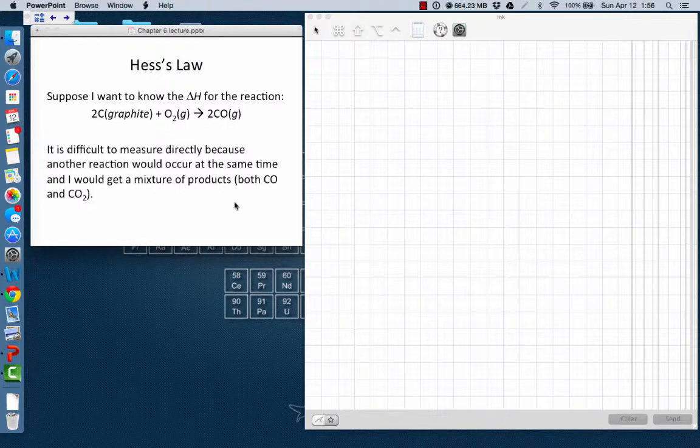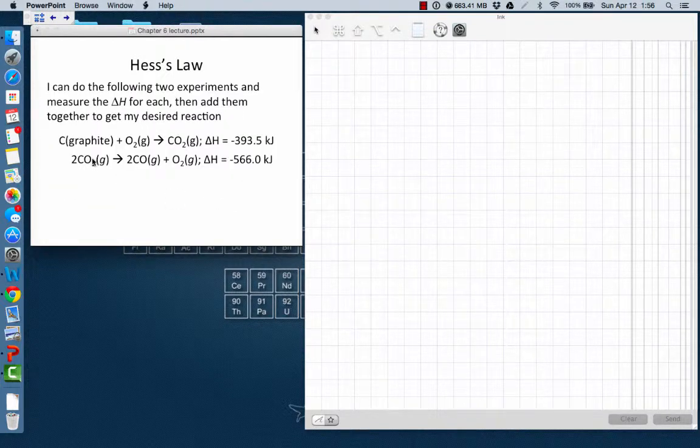So what I want to do in order to figure out this delta H, this enthalpy of reaction, is I can take the delta H for each of these, right? Here's our carbon plus our oxygen, there's our carbon dioxide, and here's our delta H for that. But then if we take carbon dioxide and convert it to carbon monoxide plus oxygen, now we have our delta H as minus 566.